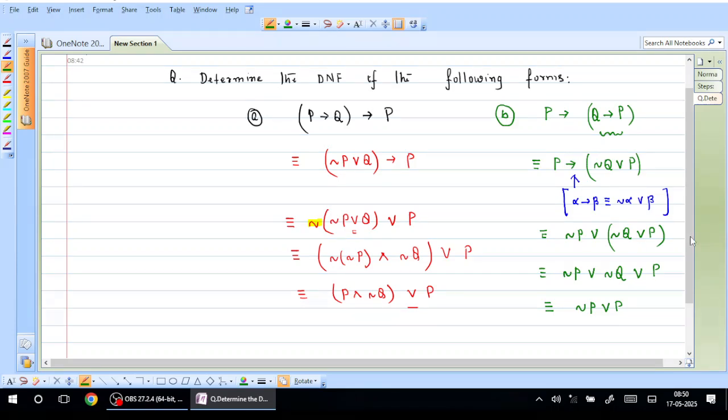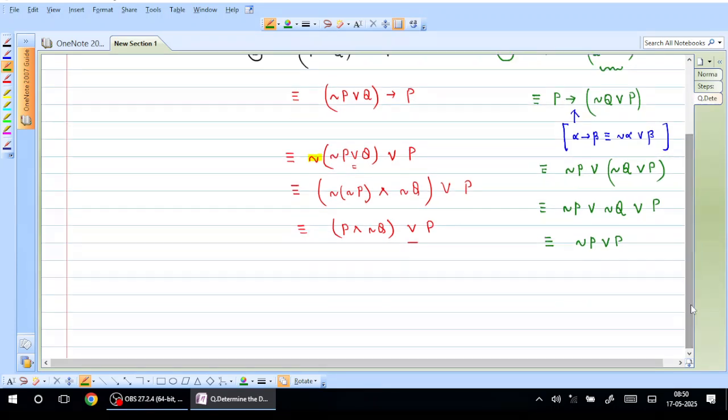Let us go for one more problem in order to understand the concept clearly. So I go for question number C. See here, I have the question P implies Q, meet, not P meet Q. Right?